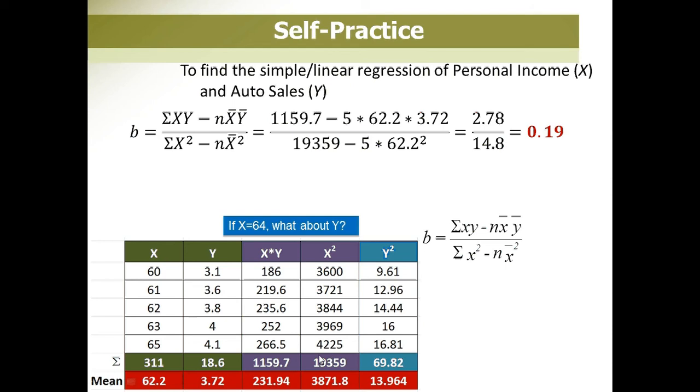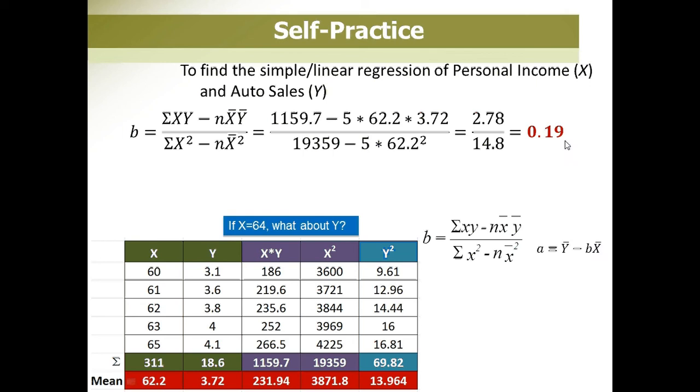That is the sum of the x squared, 19,359. And N is 5. X bar is 62.2 and square it. When we calculate it, we get 2.78 divided by 14.8. So the slope is 0.19.